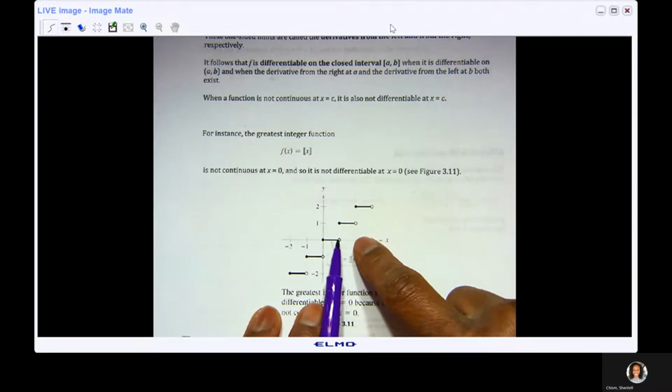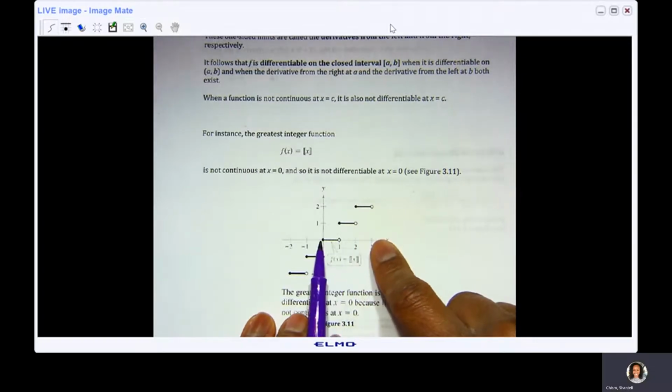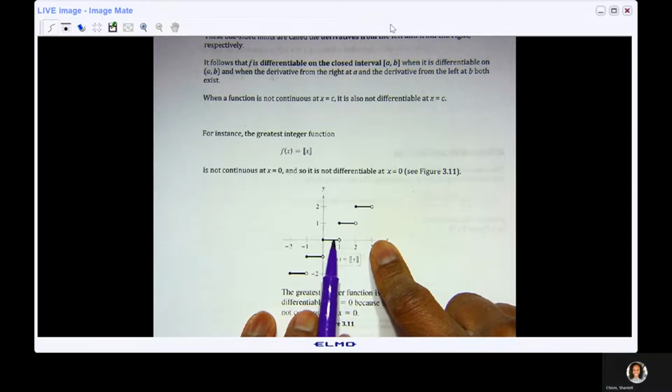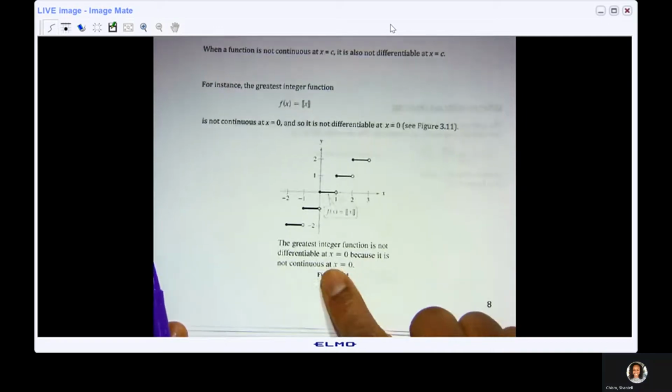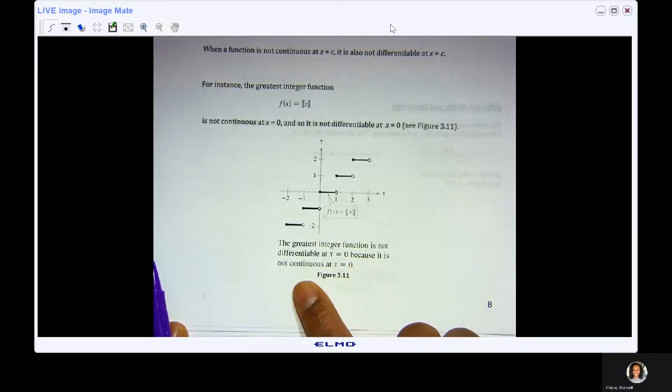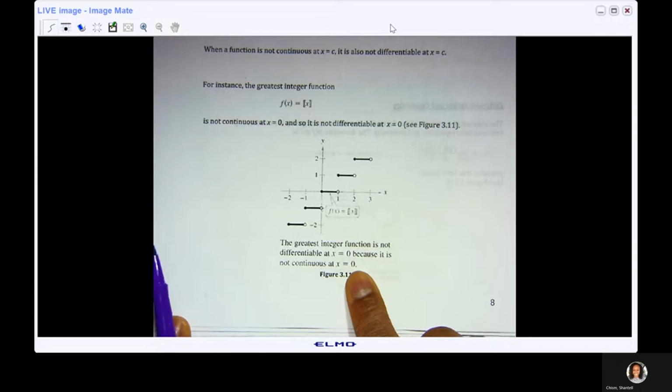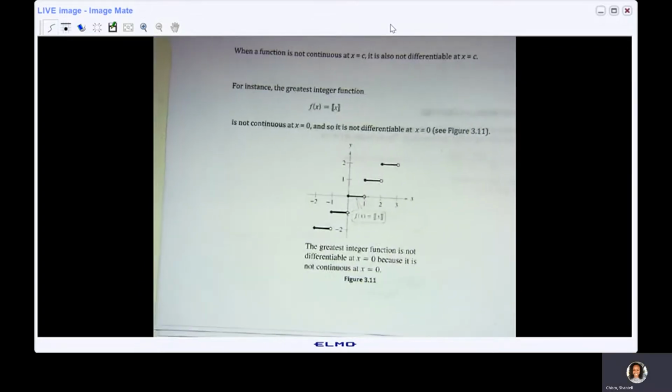Take a look here. When we approach from the side, the greatest integer function is actually not differentiable.